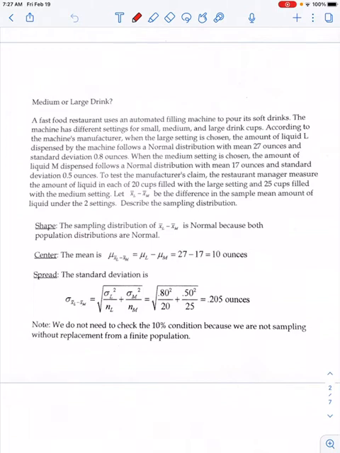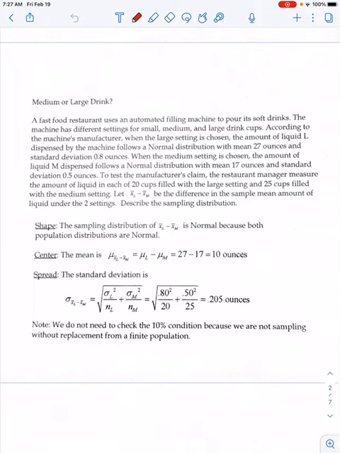And then the spread, so sigma sub x bar sub L minus x bar sub M. So again, the standard deviation of the sampling distribution is, all right, look at the formula on your formula sheet, but they don't have the sub 1 and sub 2. They have sub L and sub M. And then they plug in their numbers.